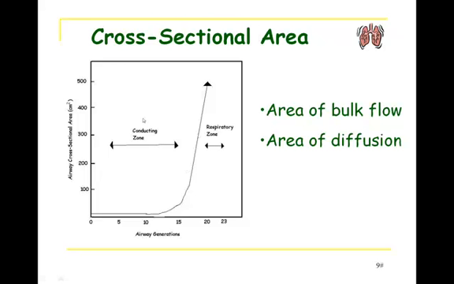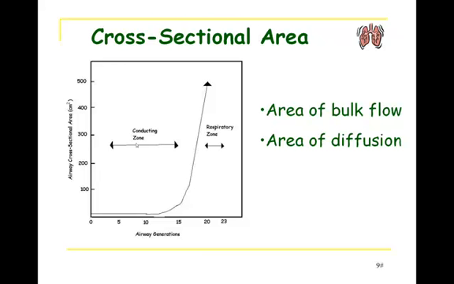The conducting zone starts from your nose and goes on down to generation 6. What you'll see here in the conducting zone, they refer to that as the area of bulk flow. So air is just moving by bulk flow. It's coming in and just kind of going with the flow.